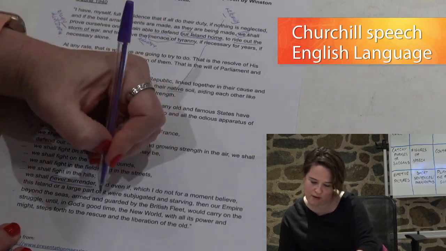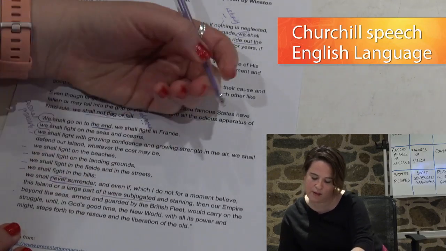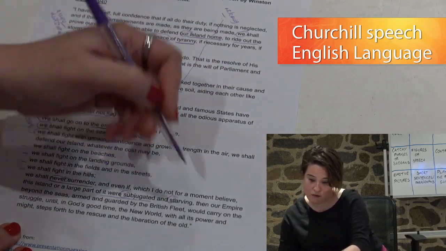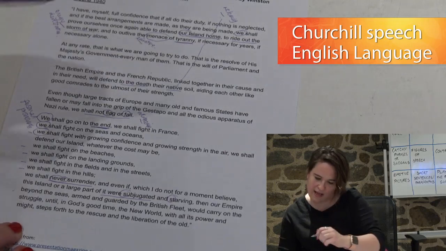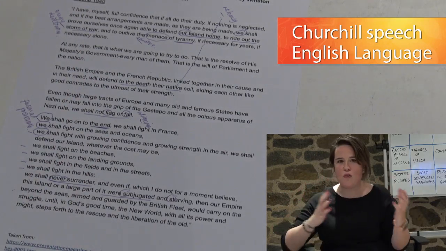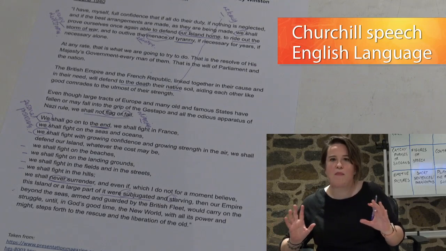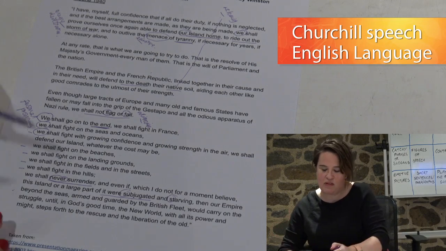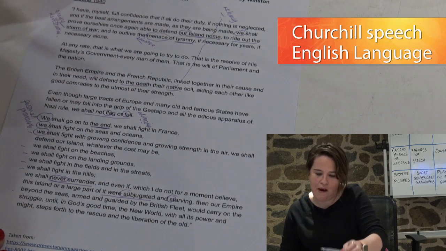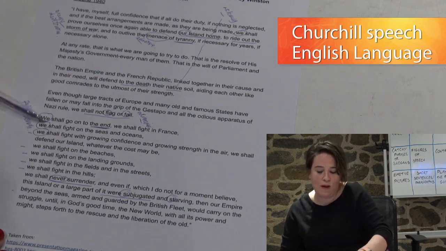But if we were conditional, if we were subjugated and starving, once again alliteration and sibilance to really emphasise that, then hopefully our empire would help us. So even though everything seemed to be absolutely doomed, he's giving us this hope. It's our home, we've got to defend it. We literally will fight them everywhere.